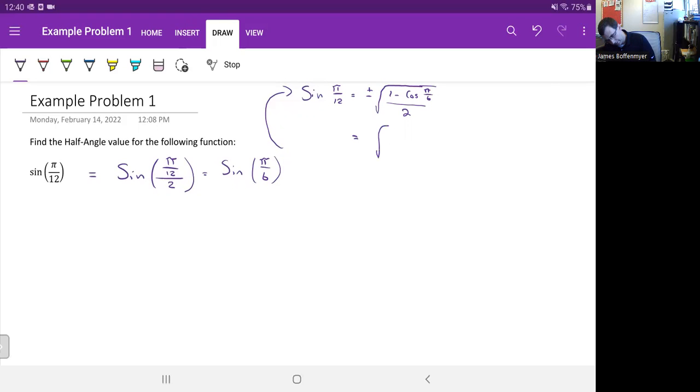So the square root of 1 minus, now the cosine of pi over 6 should be the square root of 3 over 2. And then you still have the divided by 2 on the bottom. All right. Now on the top, inside that radical, we've got 1 minus a fraction. Because we're adding and subtracting with fractions, we got to find the least common denominator.